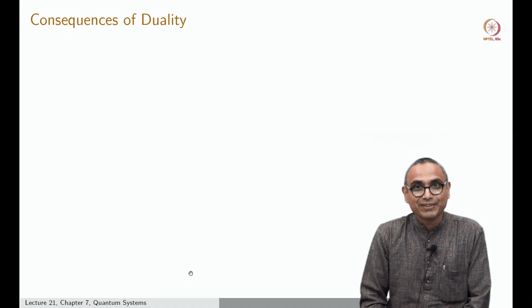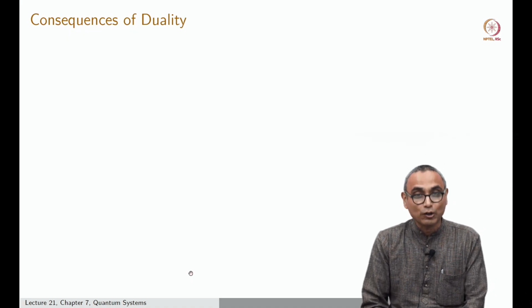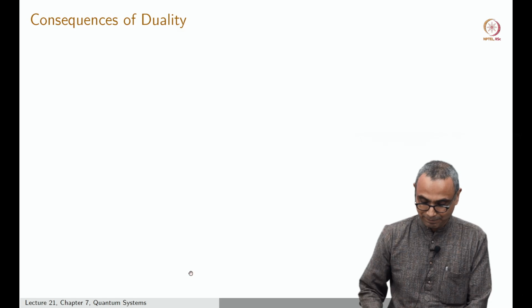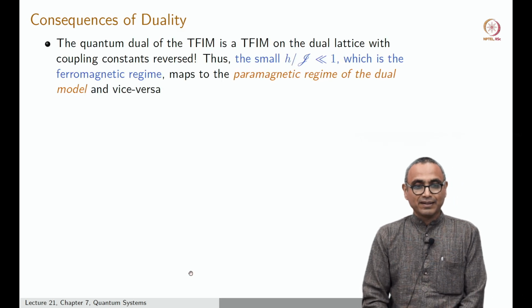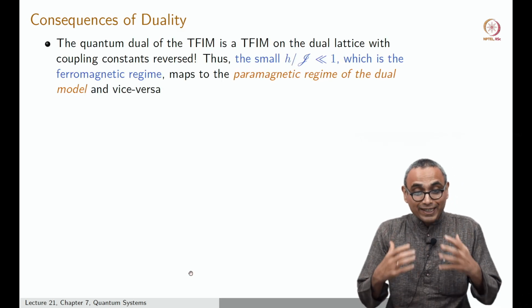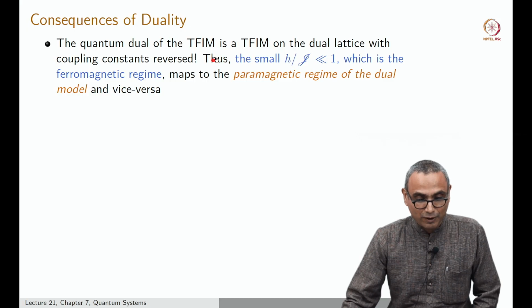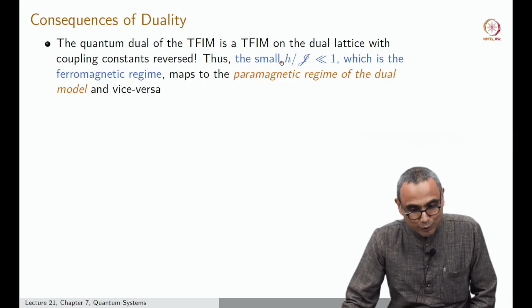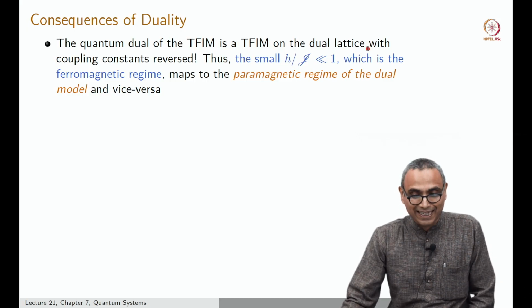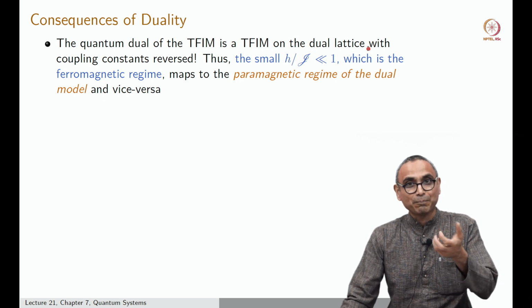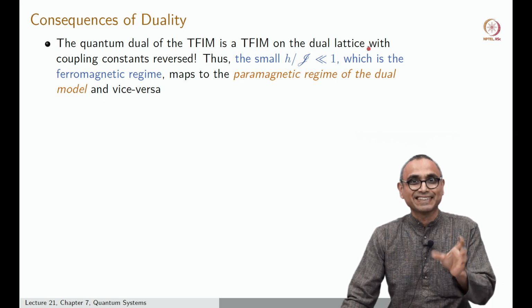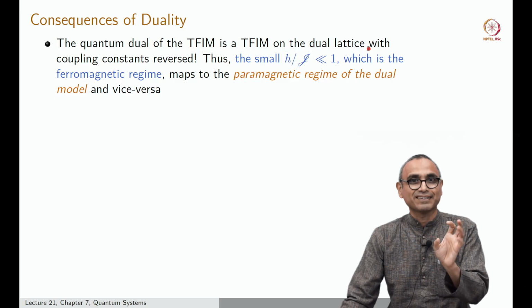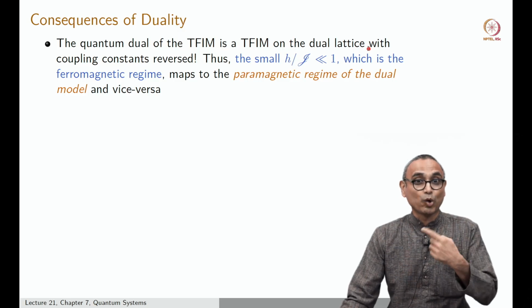So naturally, we have to explore the consequences of such a duality. The quantum dual of the transverse field model is also a transverse field Ising model on the dual lattice with the roles of the coupling constants reversed.